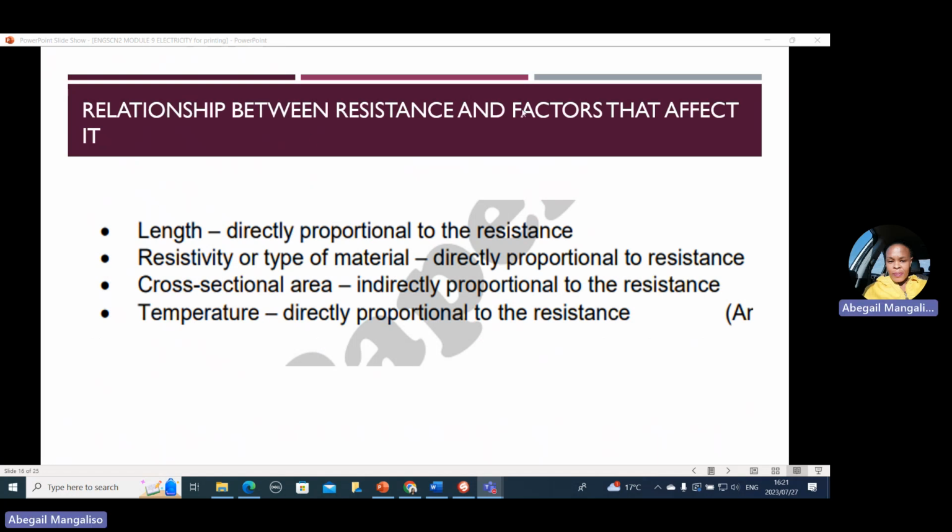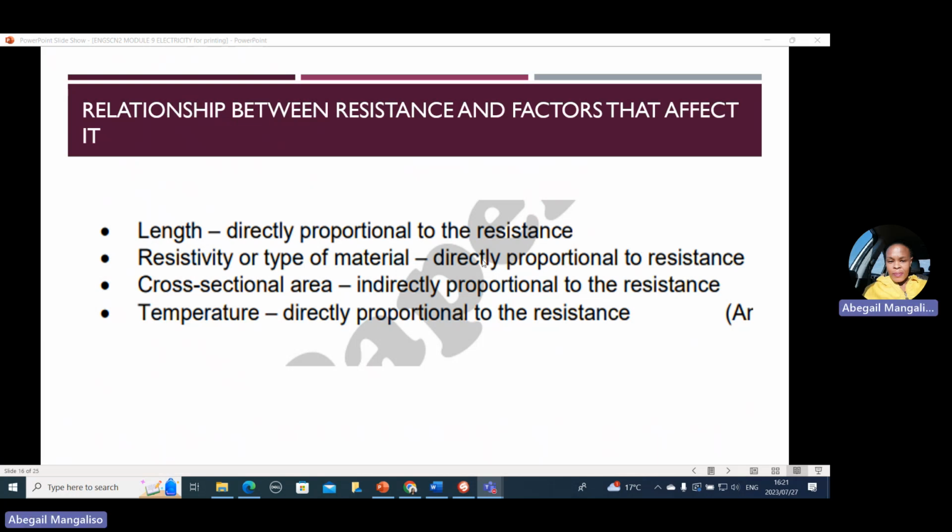The relationship between resistance and the factors that affect it is this. The length is directly proportional to the resistance. When the length increases, there is more resistance. When the length decreases, there is less resistance. Second factor, resistivity or type of material, is directly proportional to the resistance.